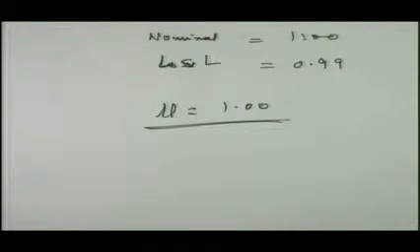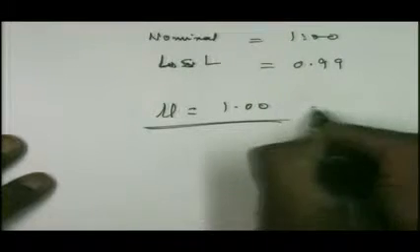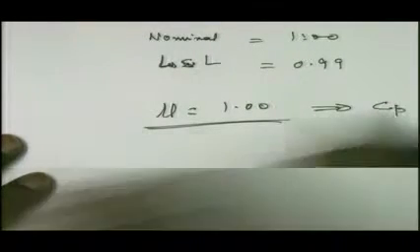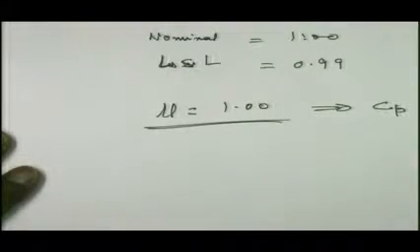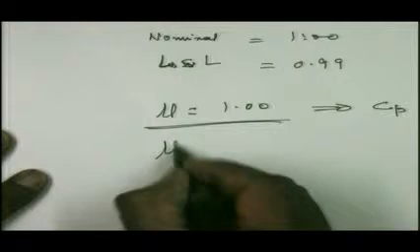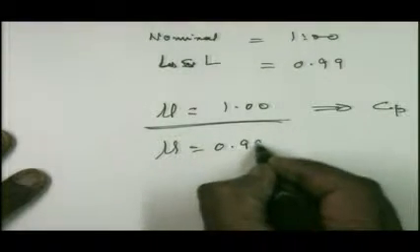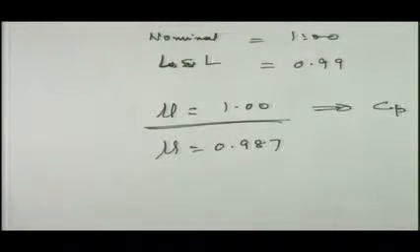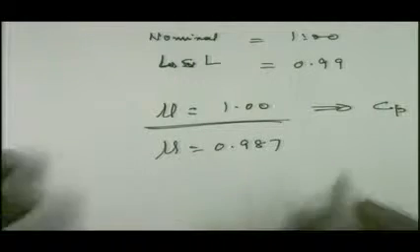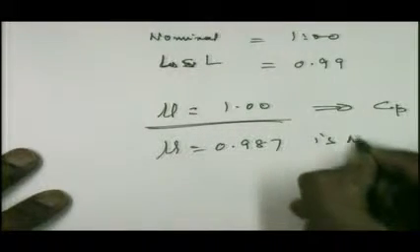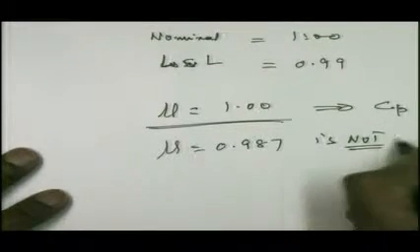Okay. And in this case, you can calculate CP. It's coming up later, much later. And if your process mean is equal to, let's say, 0.987, you know it's not equal to the nominal value. This process is not on target.